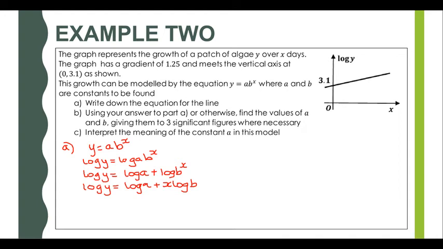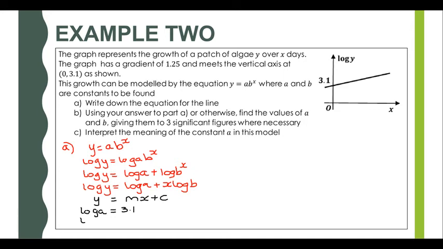From our graph, we know that the y-intercept is 3.1, and if we compare our log equation to the equation y equals mx plus c, we know that the y-intercept is given by log a. So log of a we know is 3.1. We also know that the gradient is given by log of b.